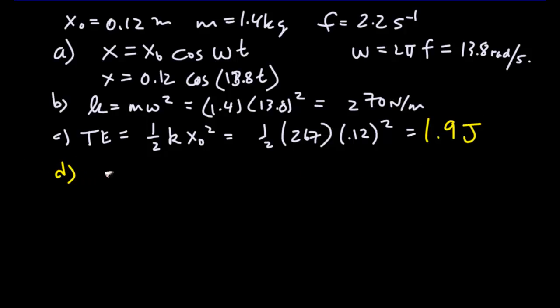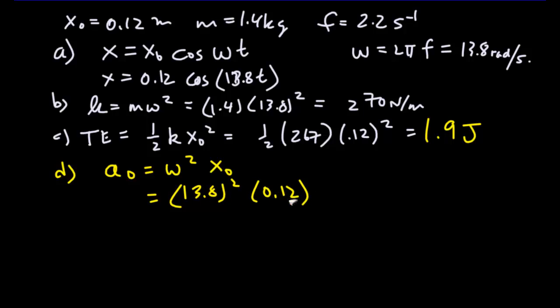And part D, my maximum acceleration will be equal to omega squared times my maximum displacement. So that'll be 13.8 all squared times 0.12. That comes out to be 23 meters per second squared.